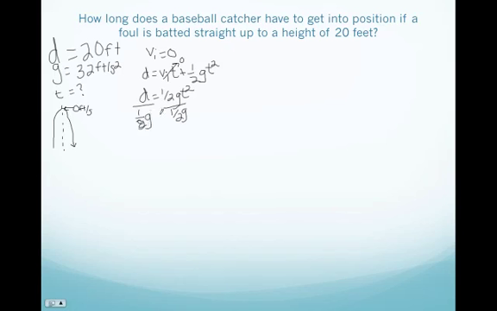Sorry, I don't know how to erase yet. And then t squared gives me 2d over g. So I'm going to take 2 times 20, divided by gravity, which happens to be 32. And that 20 is in feet.